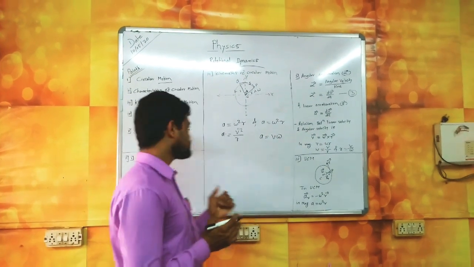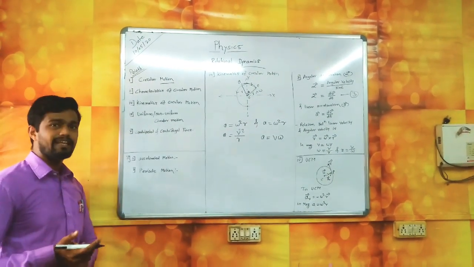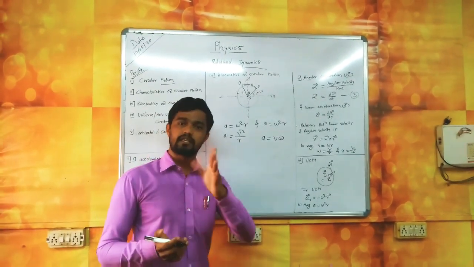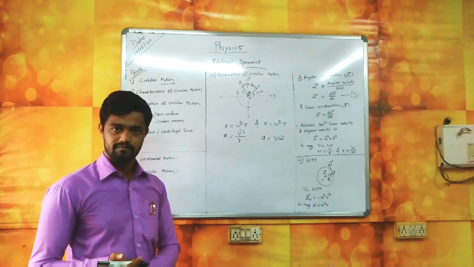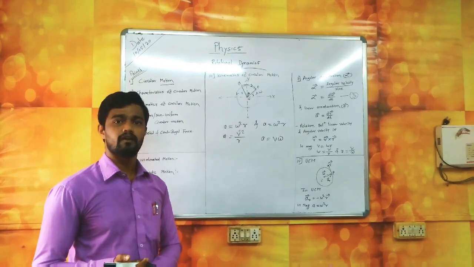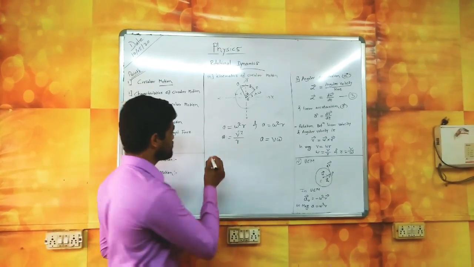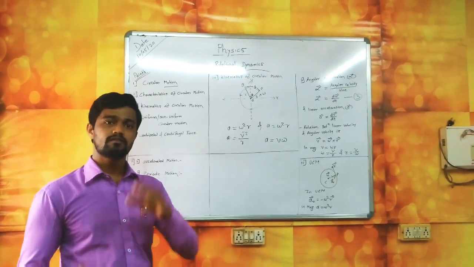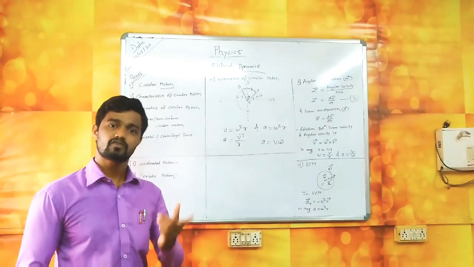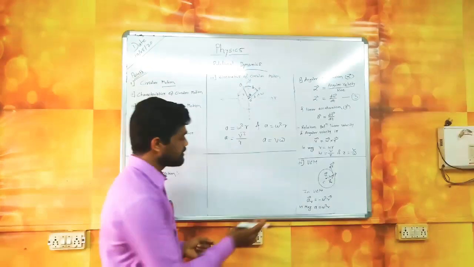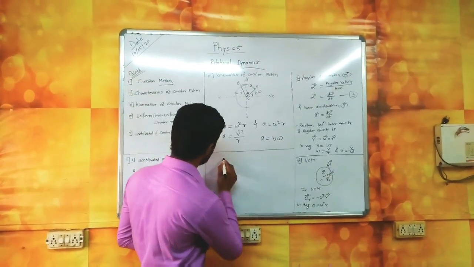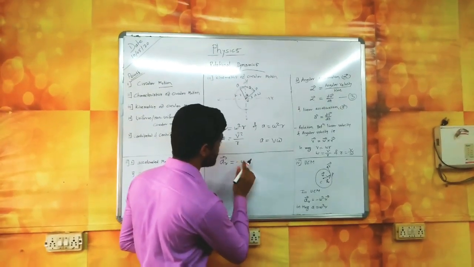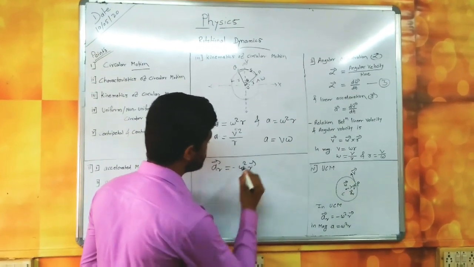Okay. So the last one is centripetal and centrifugal force. Centripetal force depends on centripetal acceleration, which is also called radial acceleration. Radial acceleration a_r bar is equal to minus omega square r bar.